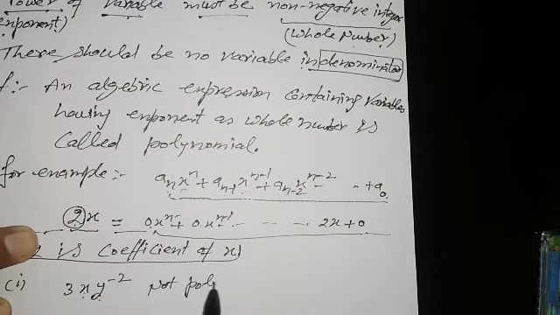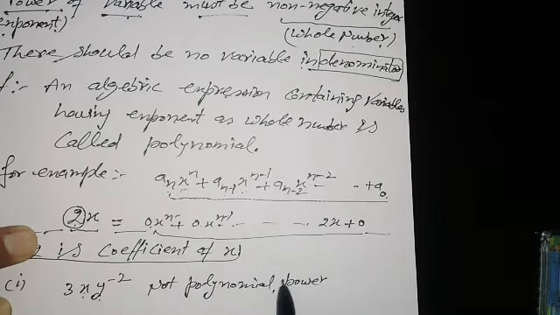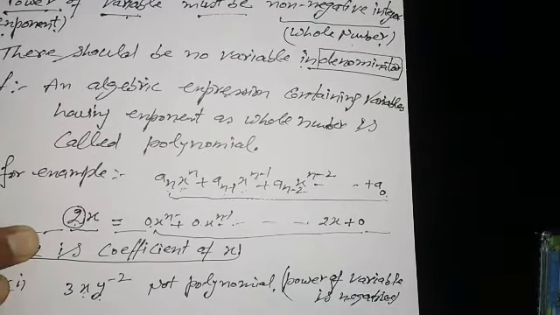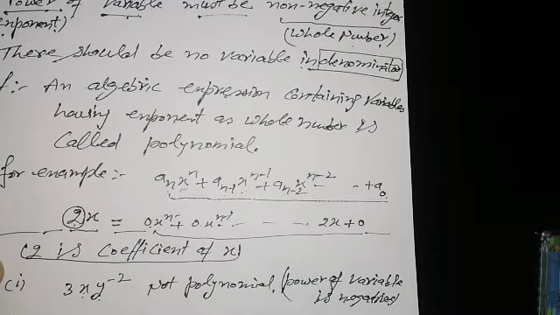No. Why? Because power of variable is negative. So this is not polynomial.